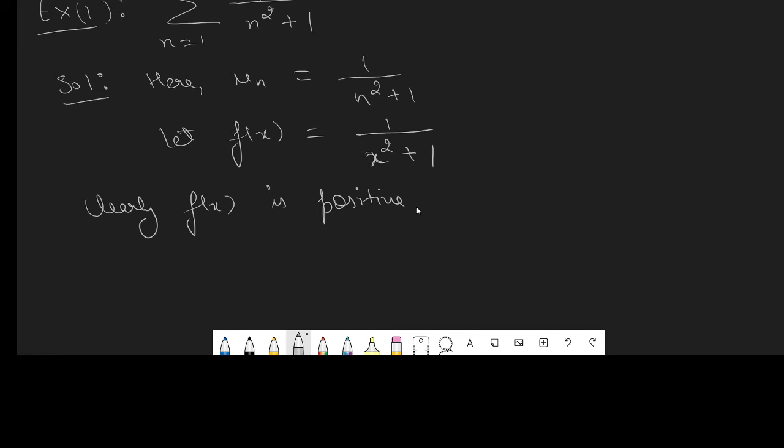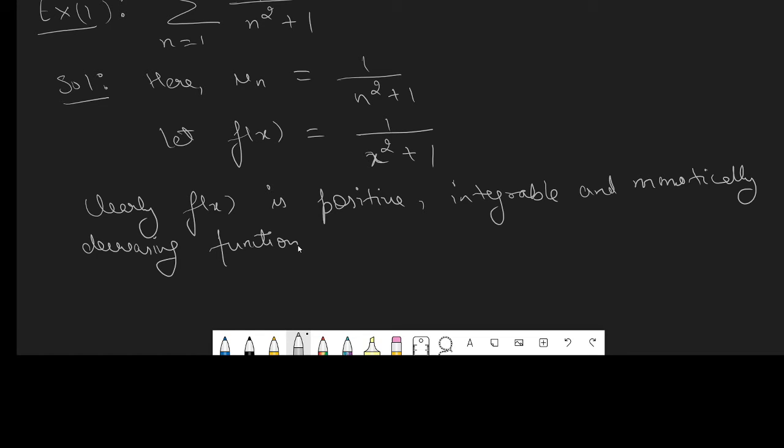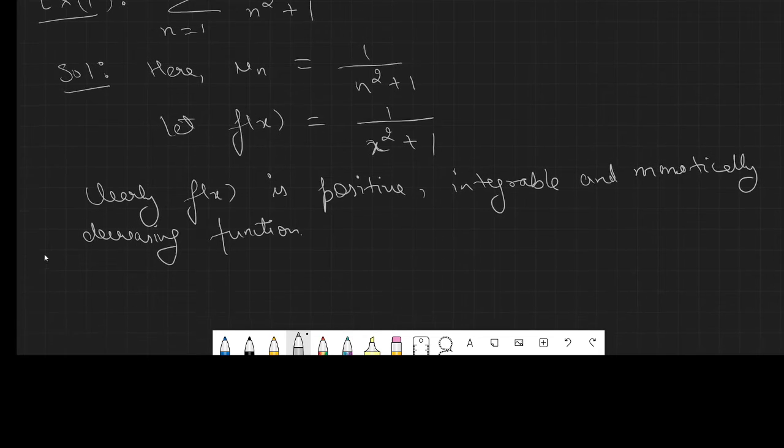It will always be positive for every value of x. Now it is integrable also, and it is monotonically decreasing. You can find that out also.